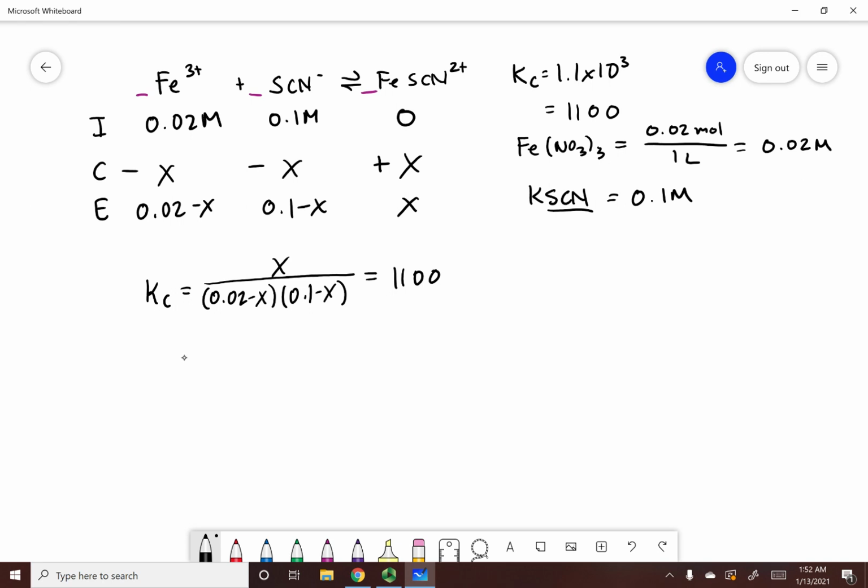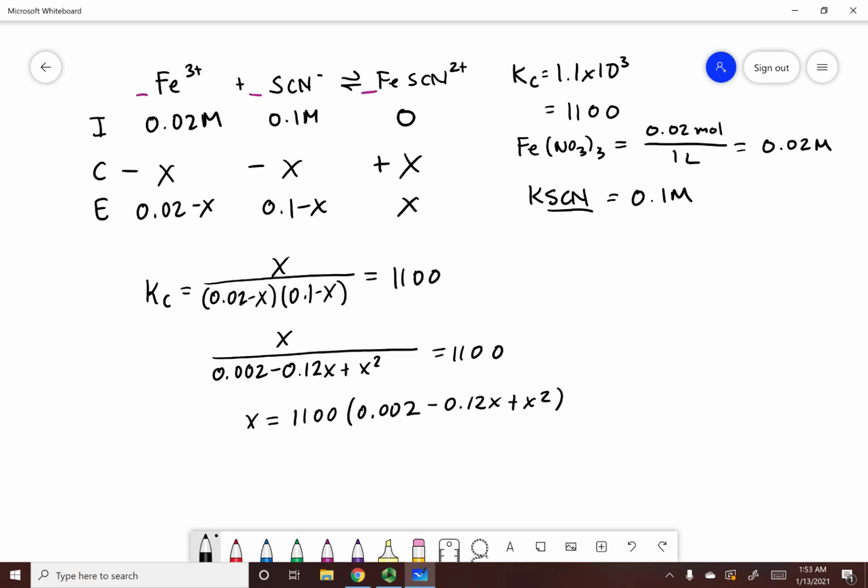We're going to FOIL that bottom part out. Then we can multiply both sides by that denominator. I can distribute that 1100. And the final thing I can do is combine like terms and make sure that my polynomial is equal to 0.